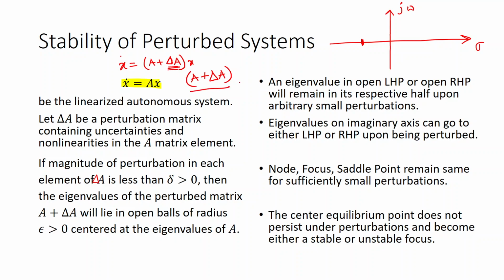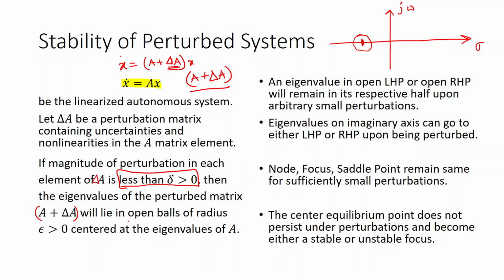So it is saying that if the perturbation in delta A is less than this quantity, basically a very small quantity, you should assume. If there is a very small disturbance, then the eigenvalues of this matrix will also be slightly disturbed. That is what it is trying to say.